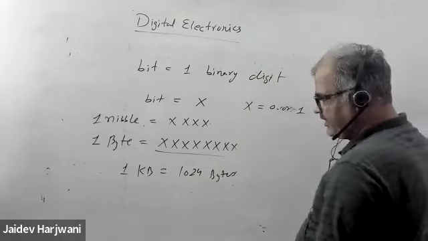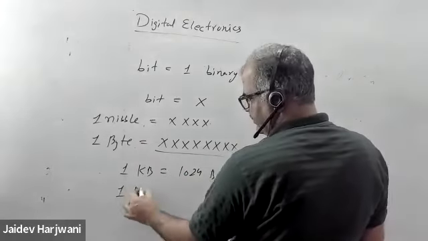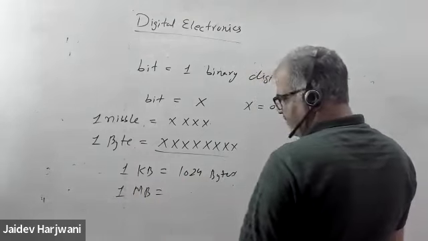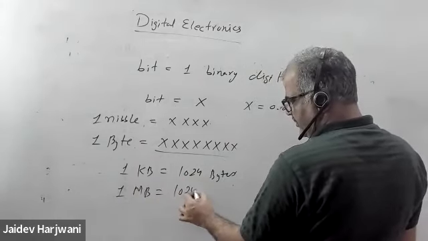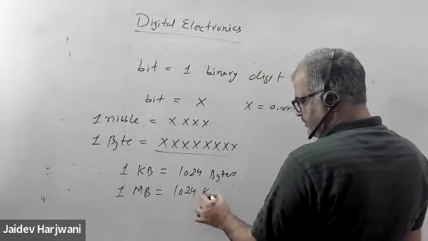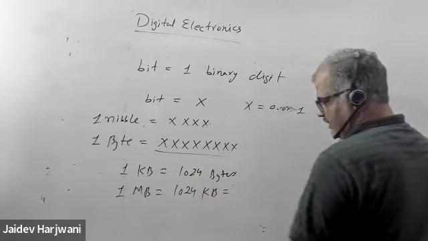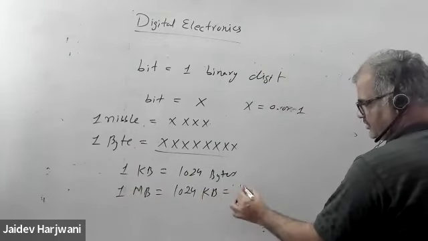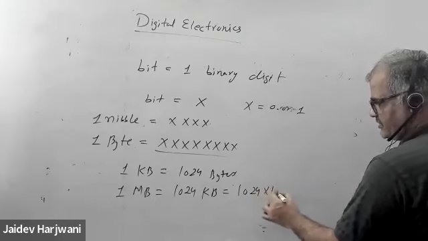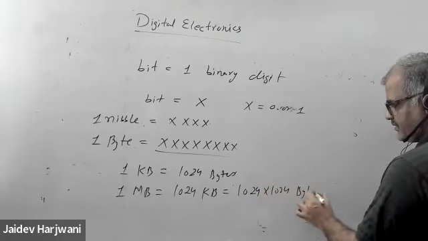Similarly if I want to write 1 megabyte, 1 megabyte will be 1024 kilobytes, and that is again 1024 into 1024 bytes. Similarly, 1 gigabyte will be simply 1024 megabytes. If you convert this into bytes, you can write 1024 into 1024 into 1024 bytes.